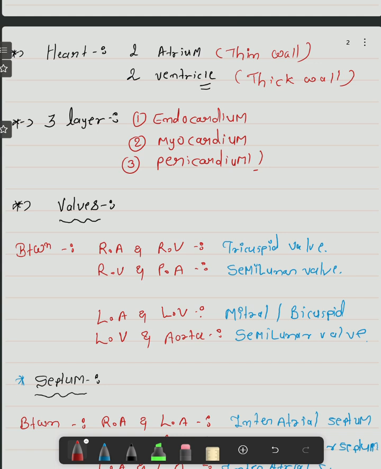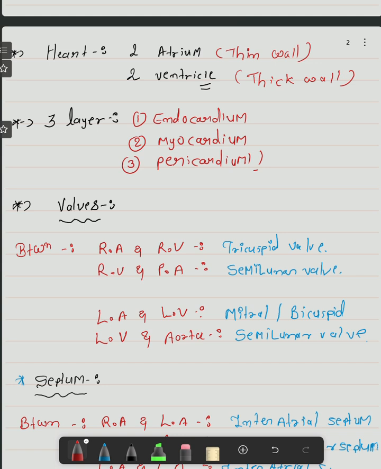Because of this high pressure, there is one clinical significance: the wall of the left side of the heart is thicker than the right side. So if you want to identify which is the right side and which is the left side, you have to look at the thickness of the wall.